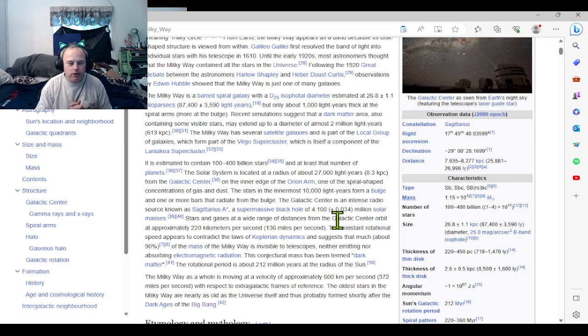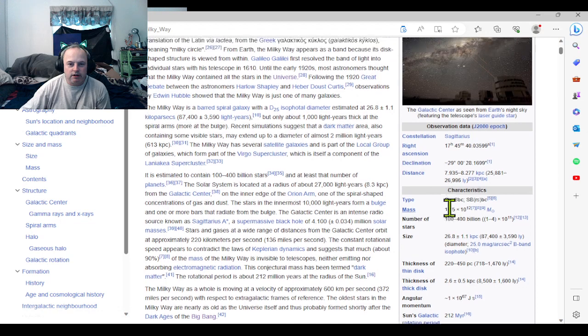Keep that in mind, right? 1.15 trillion masses of our sun is the mass of the Milky Way.